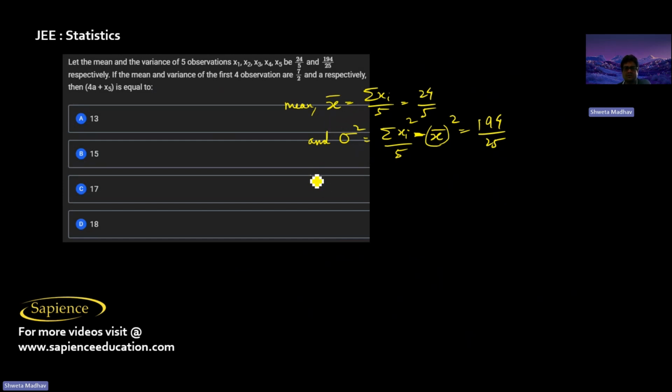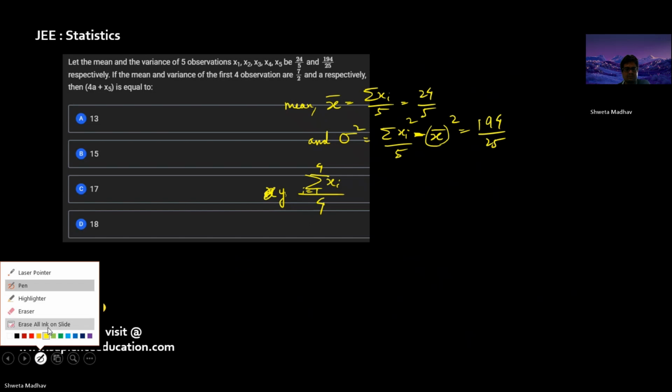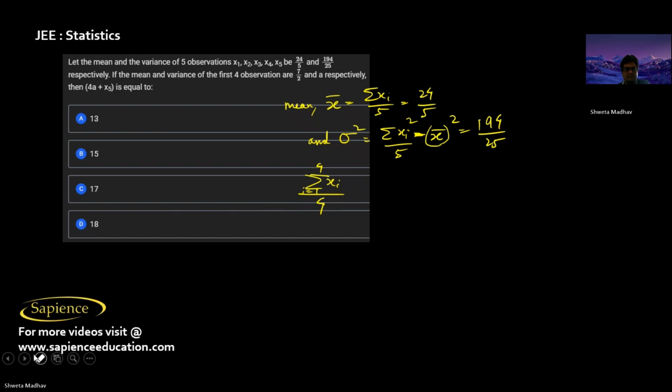If the mean and the variance of the first 4 observations are 7 by 2 and A respectively, then we find 4A plus x5. So the first 4 observations means summation xi by 4, i goes from 1 to 4. Their mean, let's call it y bar or mu, is given as 7 by 2.